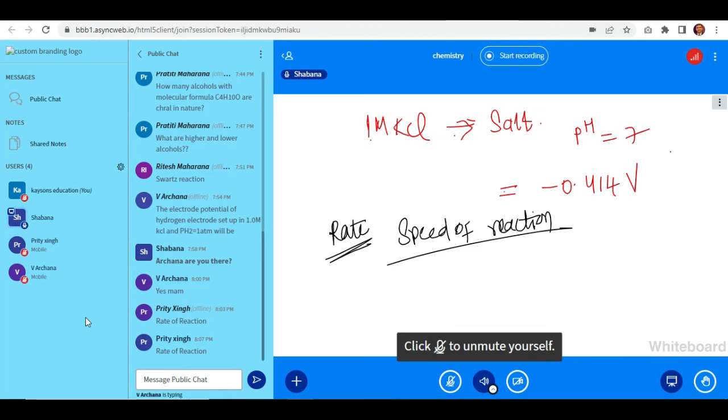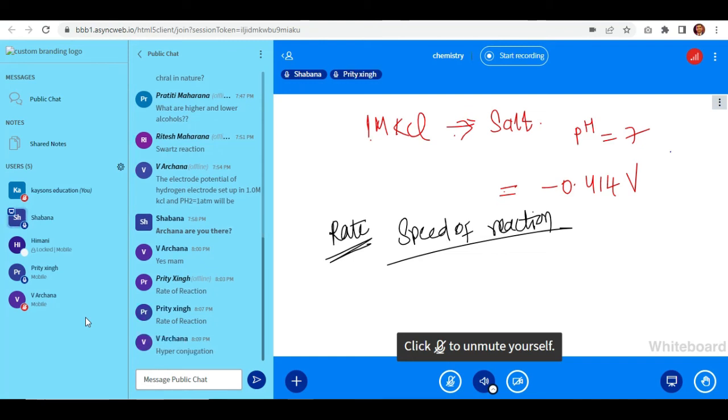First to boil the liquid it takes a certain time, with a certain speed, and from boiling to becoming soft and tender it takes certain time. So it depends on the speed. For every reaction, it can be a chemical reaction or something else. So this is called speed of reaction.